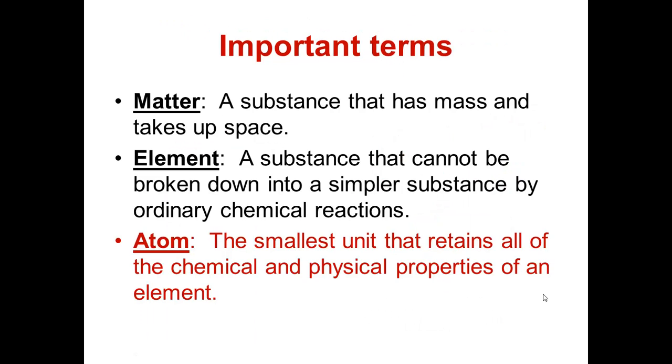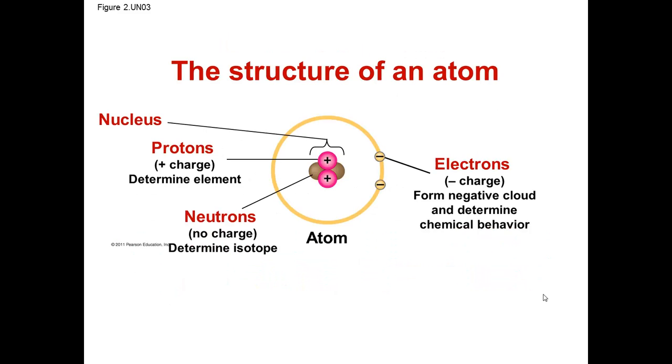So let's get back to those important terms. As I remind you, an atom is the smallest unit that retains all of the chemical and physical properties of an element. So in order to understand how elements function, we need to understand a little more about the structure of an atom. So here we see an atom, and first let's look to the center, the nucleus. The nucleus is made up of protons, which carry a positive charge, and neutrons, which carry no charge.